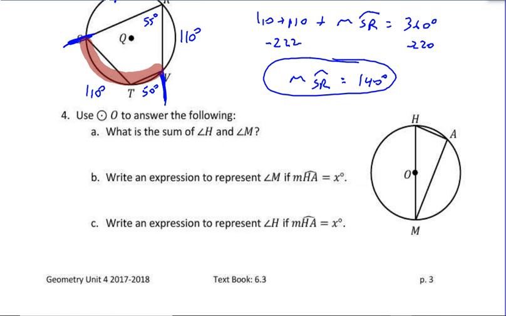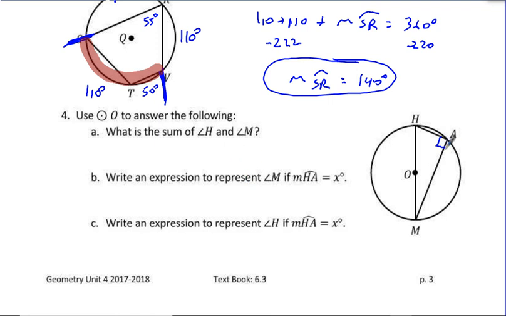Example 4 has been scaffolded a little bit for you. When you see this question in the future, you may only see part C. Part A and B might not be there. Now, circle O is what we're looking at, and we see that angle HAM is an inscribed angle that opens up to a diameter, since it goes through center O. So angle A here is a 90-degree angle, which is half of the 180-degree straight angle here.